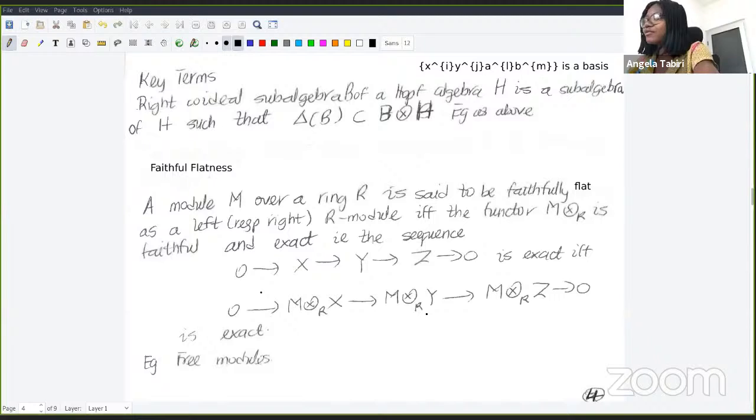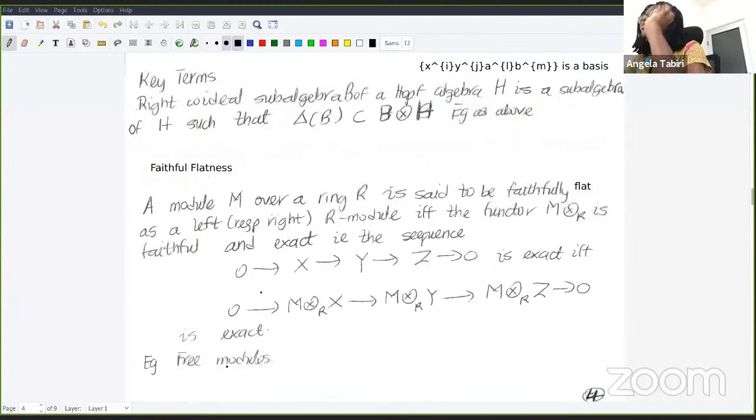This property of faithful flatness is sometimes challenging to prove directly, but an example of a faithfully flat module is a free module. Think of free modules as modules which have a basis. Not all modules have a basis, but the special ones that do are called free modules. In our work, we prove this faithful flatness property by finding a basis, showing that our modules are free modules.